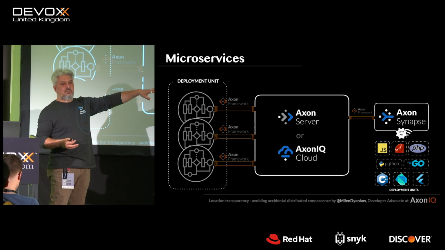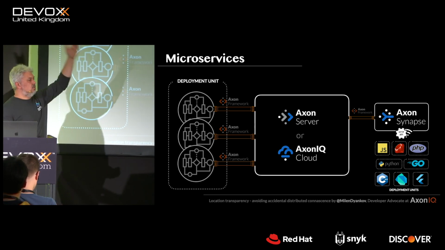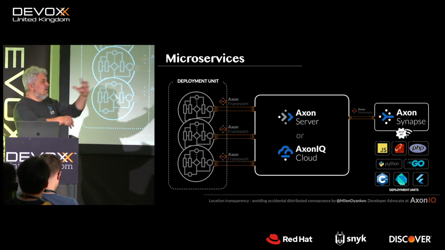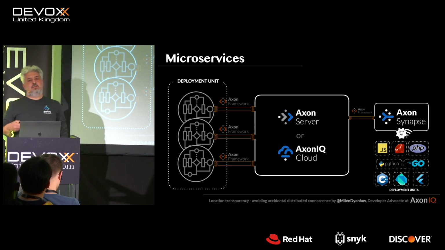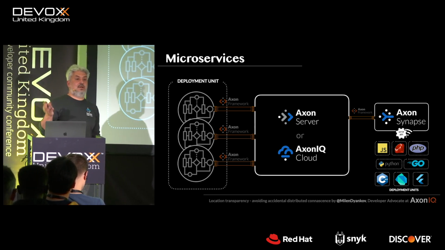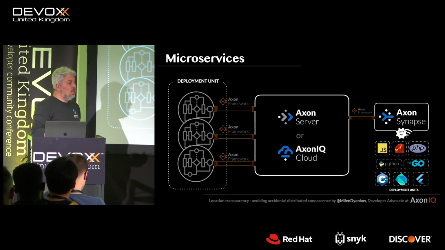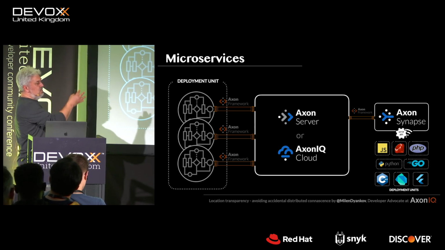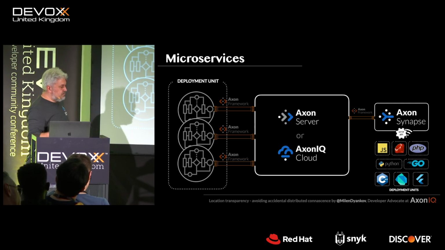Or JavaScript is sending a query which is answered by a Java application, or I don't know, a PHP application or whatever. You can mix and match. Of course, it comes with an overhead of serializing, deserializing, and all those things. But it gives you the ability to build distributed systems across multiple languages.